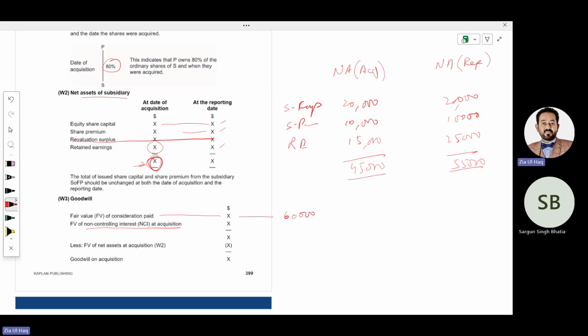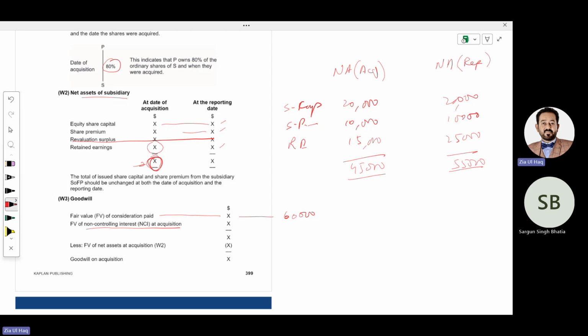But we bought 80% of the subsidiary. This means 20% is the interest of others, not yours. You are having 80% interest, 80% holding, and 20% holding is of other investors.